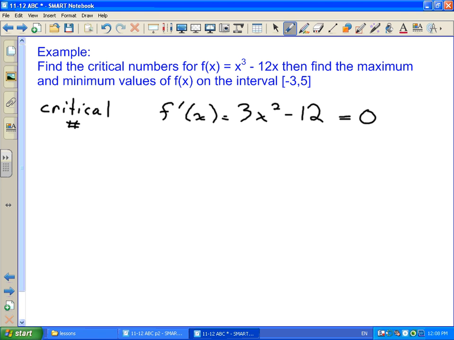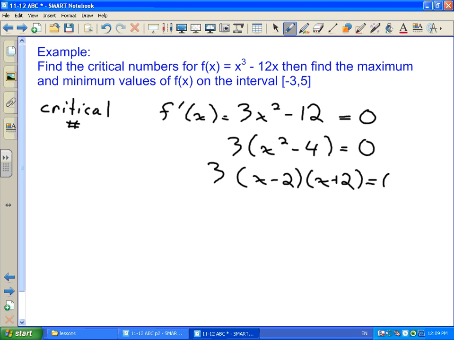So what can I do here? I can factor out 3. And then I can factor this difference of squares. This is telling me that my critical numbers are x equals +2 and -2.